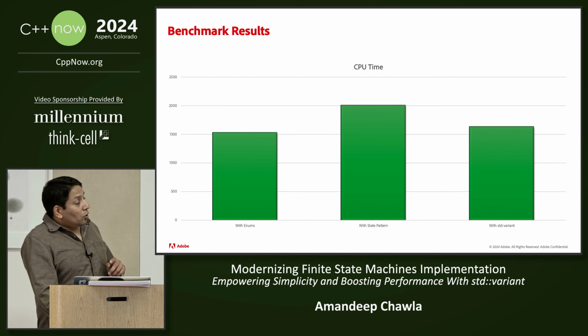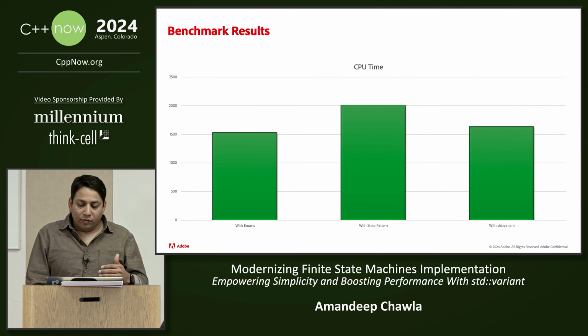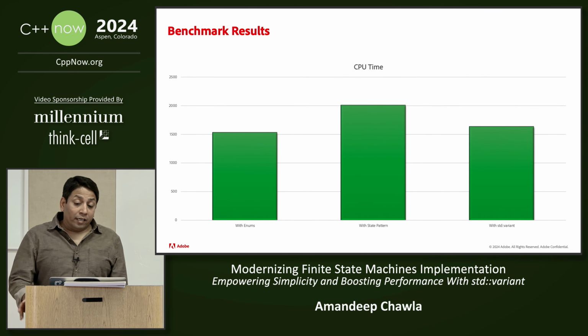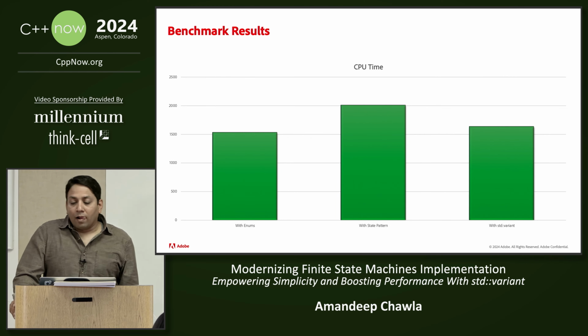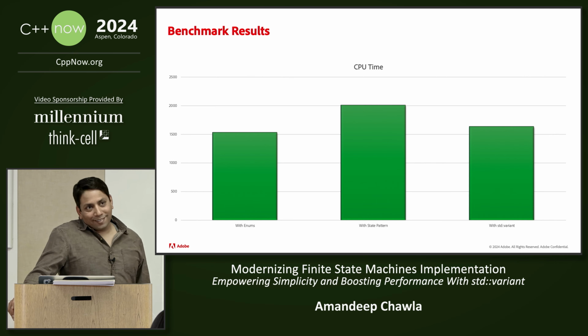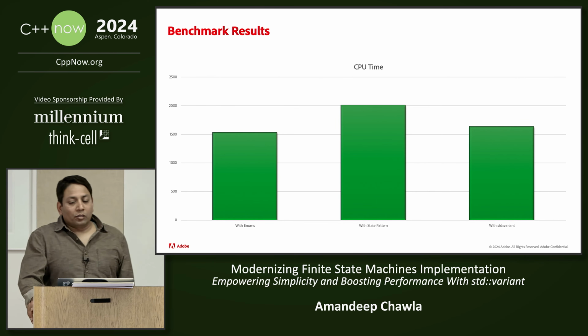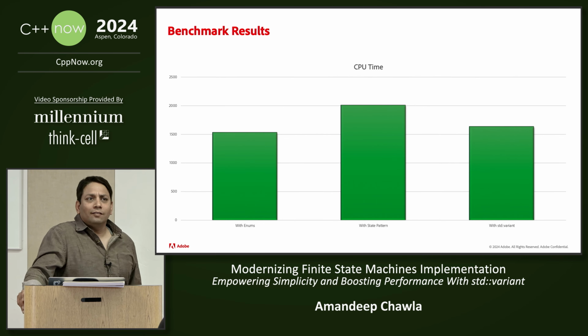The first one is enums, the second is state pattern, and the third is with standard variant. Standard variant is 90% faster than state pattern. Very good. But we are 7% slower than enums. I wanted to be at par with enums. Why am I slower than enums?